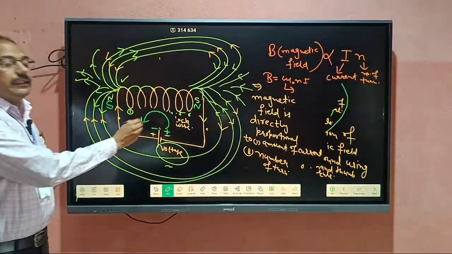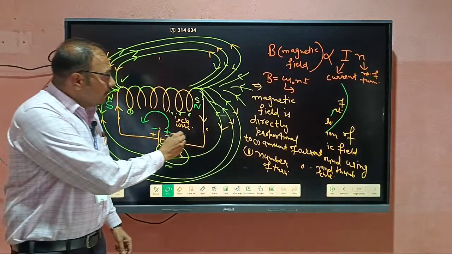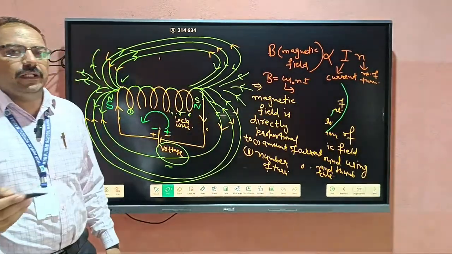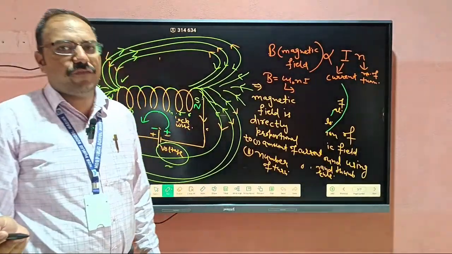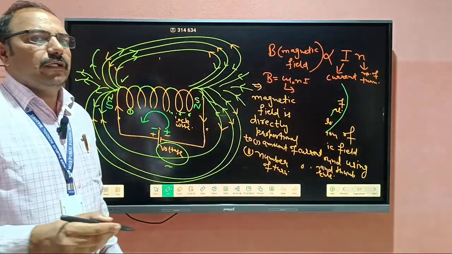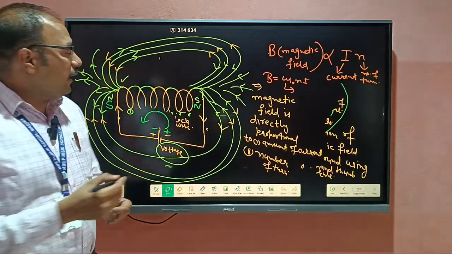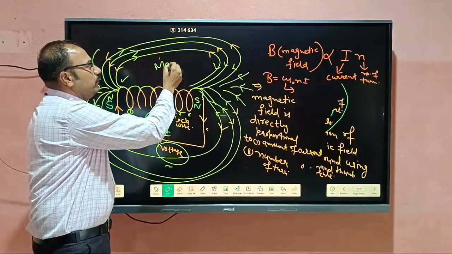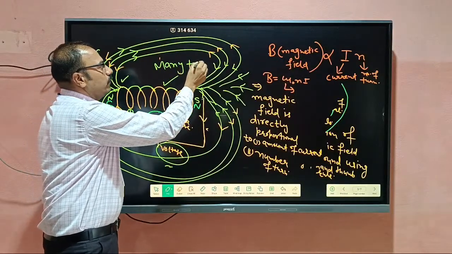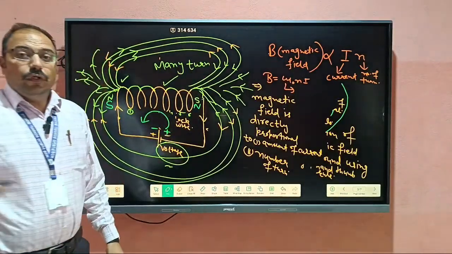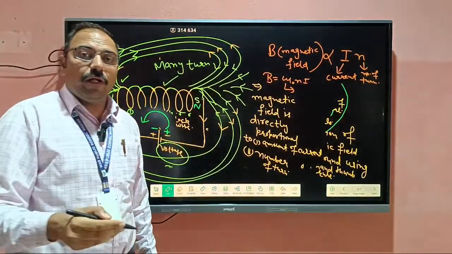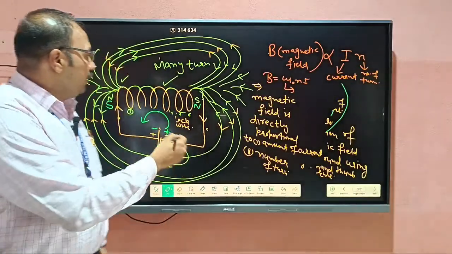Next, this is another pattern which shows the magnetic field produced by the solenoid. Already I told you what a solenoid is. A solenoid is a circular wire that contains many turns. The magnetic field produced by the solenoid depends upon the number of turns and how much current flows in the solenoid.